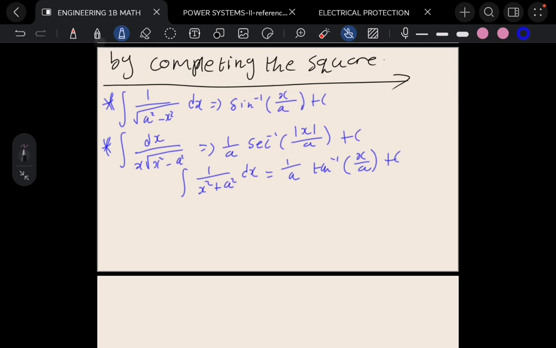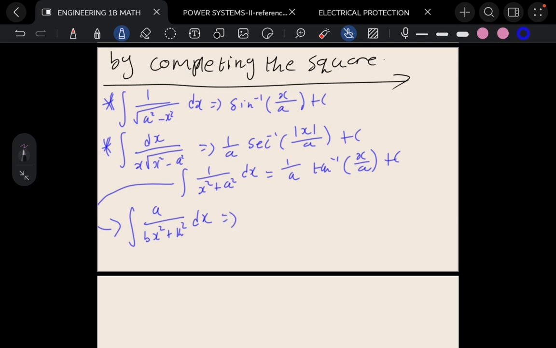It's going to be quite different if we say the integral of a over bx squared plus k squared dx.